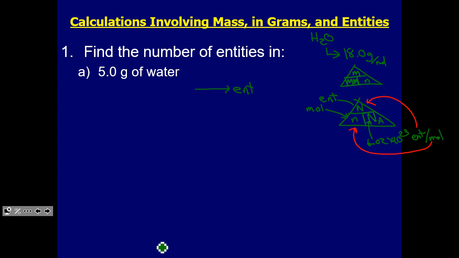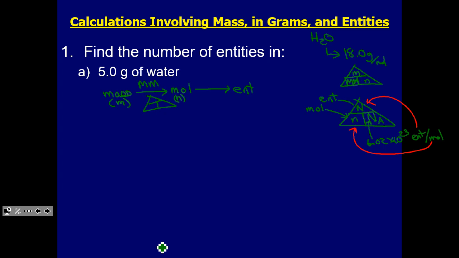I can only get to entities by starting with moles. And I can get from mass to moles, which means we will have 2 steps. The thing that allows me to go from mass to moles, we know is the molar mass, and I can build my triangle.